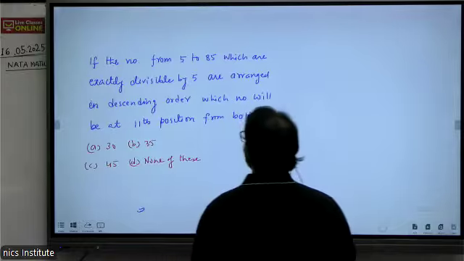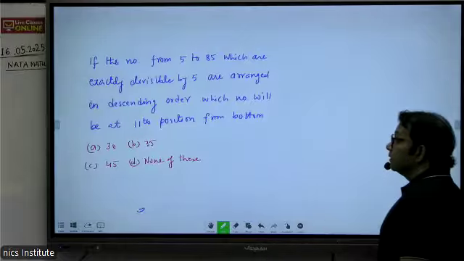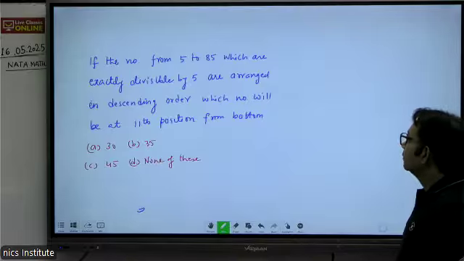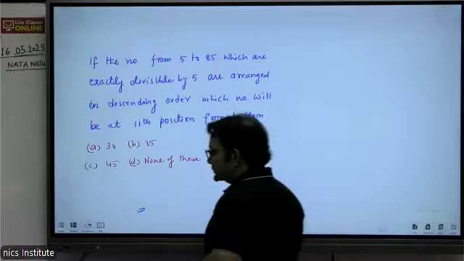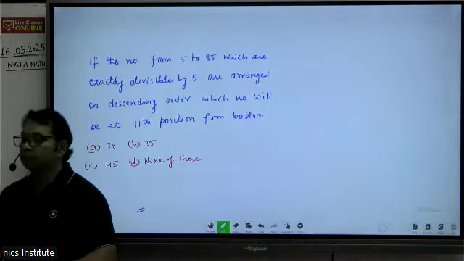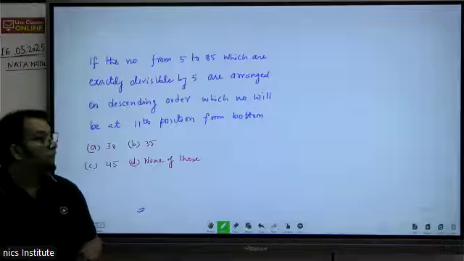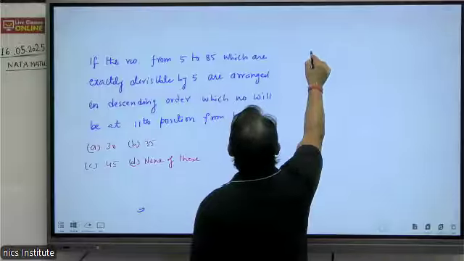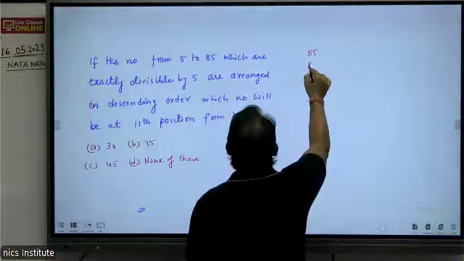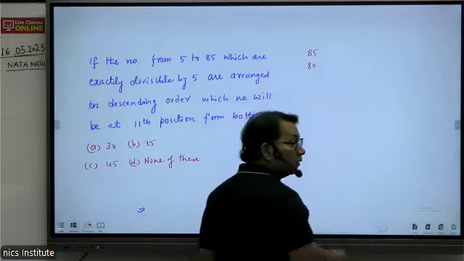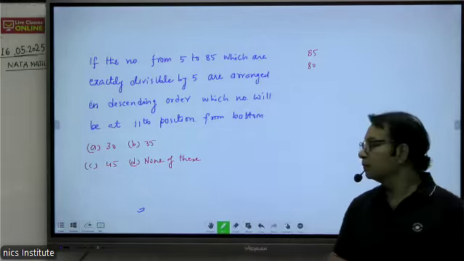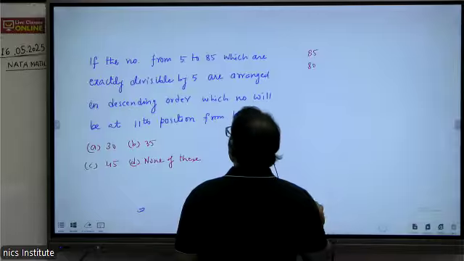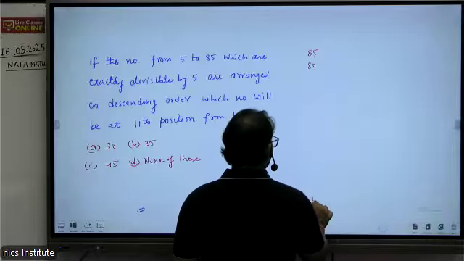Numbers from 5 to 85 which are exactly divisible by 5 are arranged in descending order. None of these. See, in descending order, first you write in decreasing order, so it'll be 85, then 80, like that. And from the bottom, the bottommost would be 5 only.